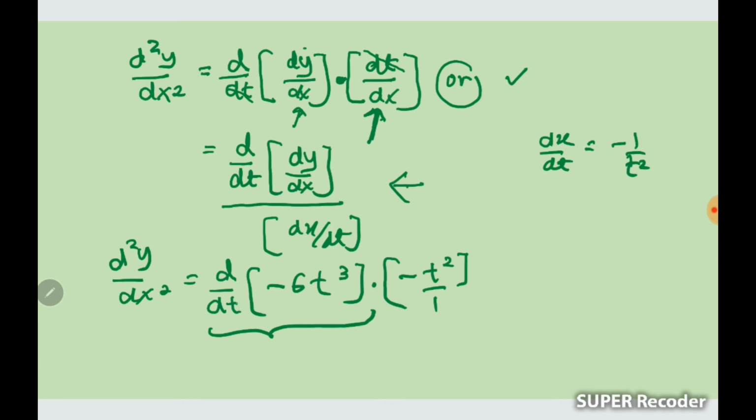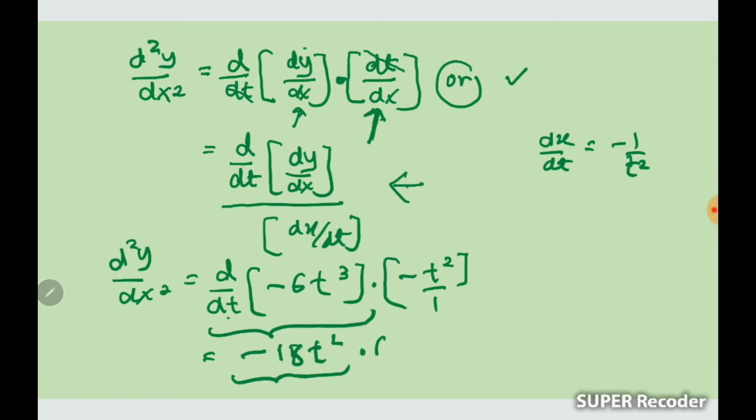you have to differentiate first with respect to t. Okay, so differentiate negative 6t cubed, the answer is negative 6 times 3, 18t to the power of 2. This is the answer for the derivative of negative 6t cubed with respect to t.